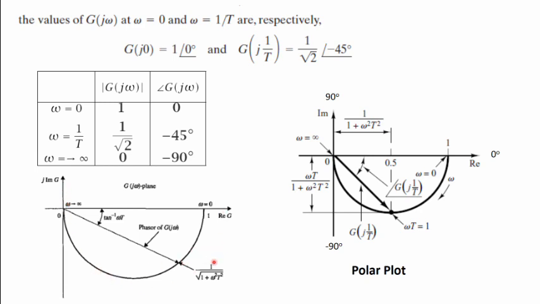Okay, so this is basically the polar plot of this particular transfer function, that is 1 upon 1 plus j omega T.